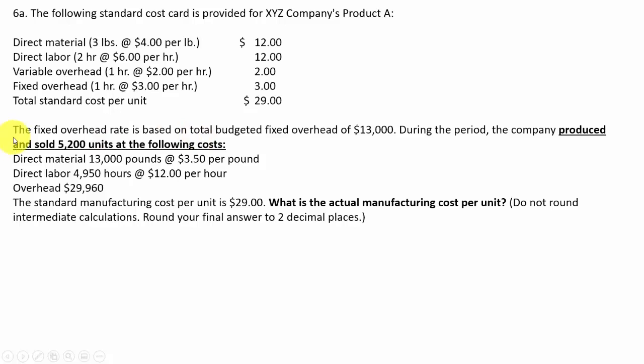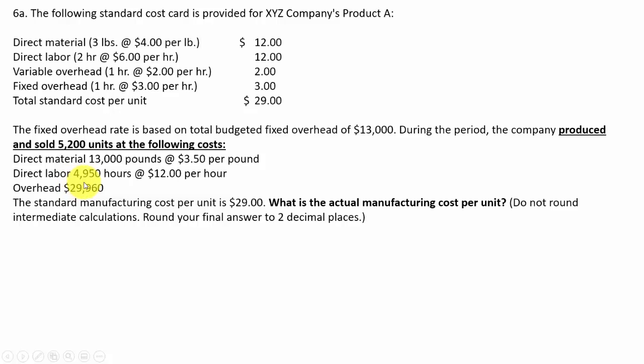That's what it's supposed to cost to make a unit. Now they also tell us that the fixed overhead rate is based on total budgeted fixed overhead of $13,000. During the period, the company produced and sold 5,200 units at the following cost. And when I say the following cost, these are actual costs. So direct material was 13,000 pounds at $3.50 per pound. That was what they actually used.